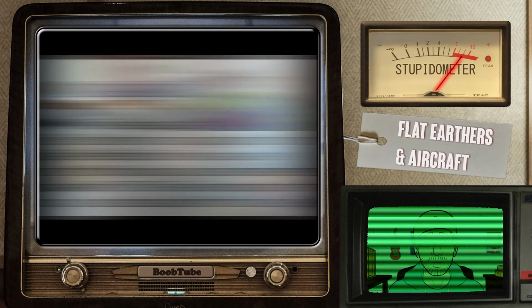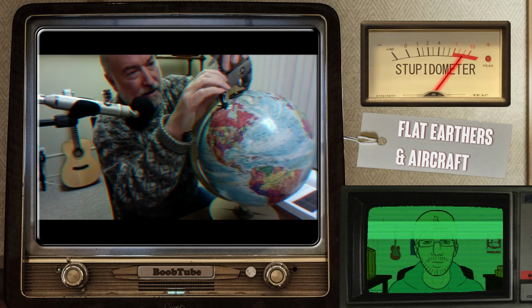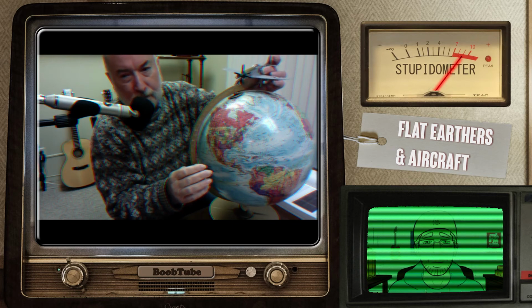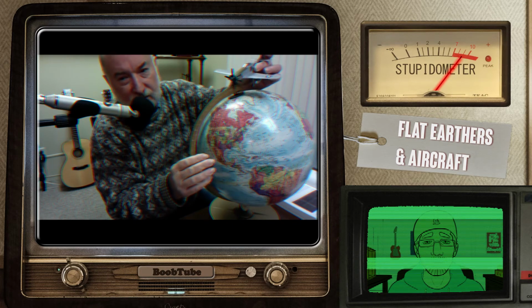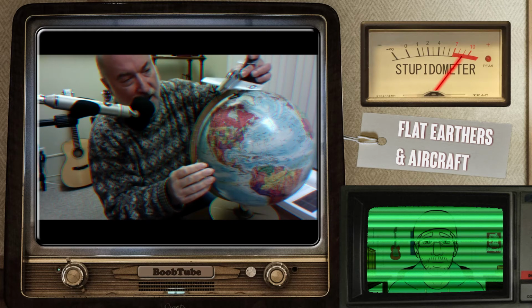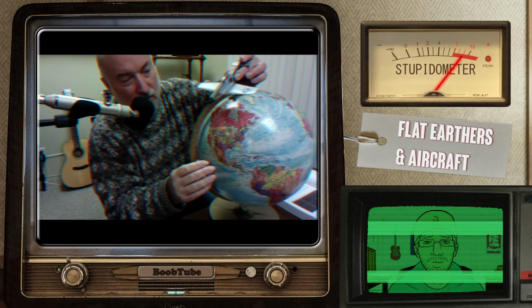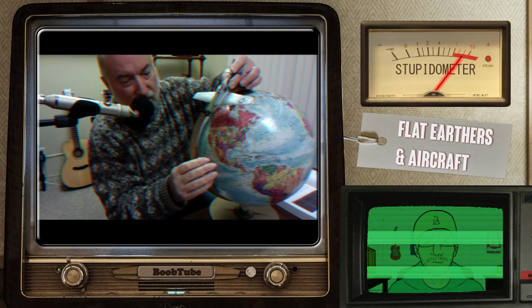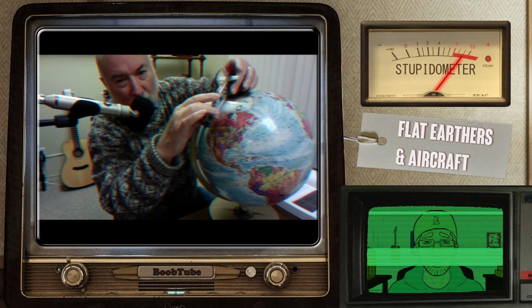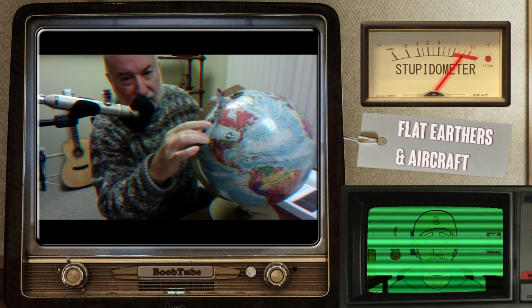So you start your journey at the Arctic, as far to the north as you can, and you begin to go south. Now notice, as I'm going south, I have to continue dipping the nose of my airplane in order to stay level with the ground. Now I'm going to continue all the way to Antarctica.